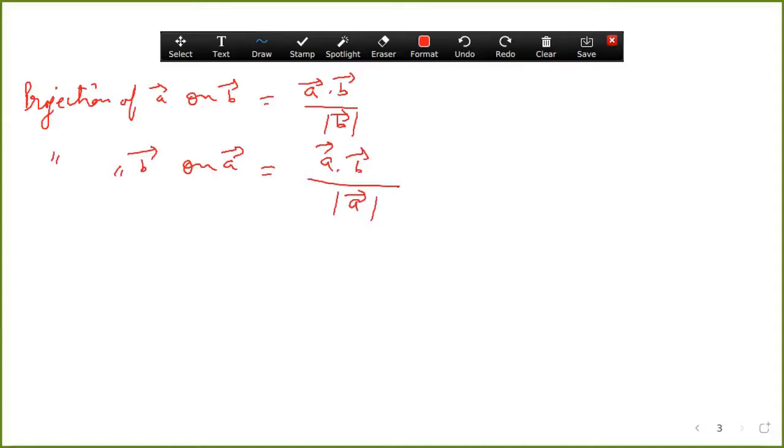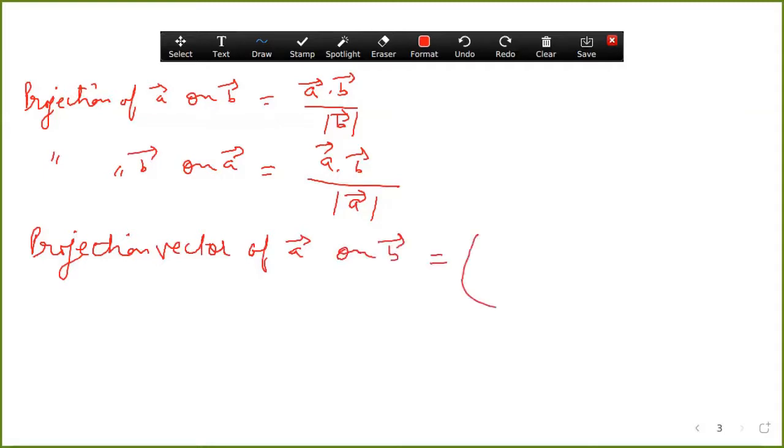If you want to calculate the projection vector of A on B, that will be equal to A dot B product upon magnitude of B square into B vector.